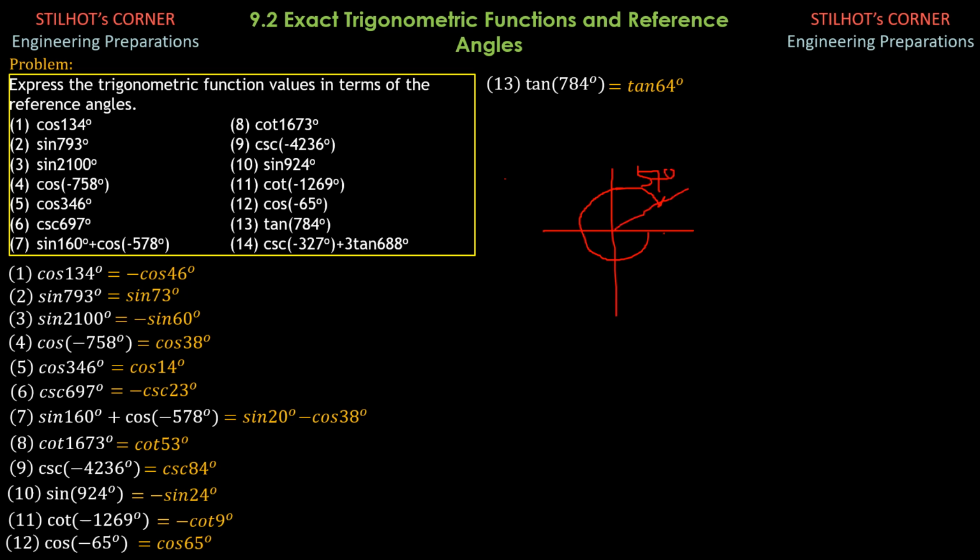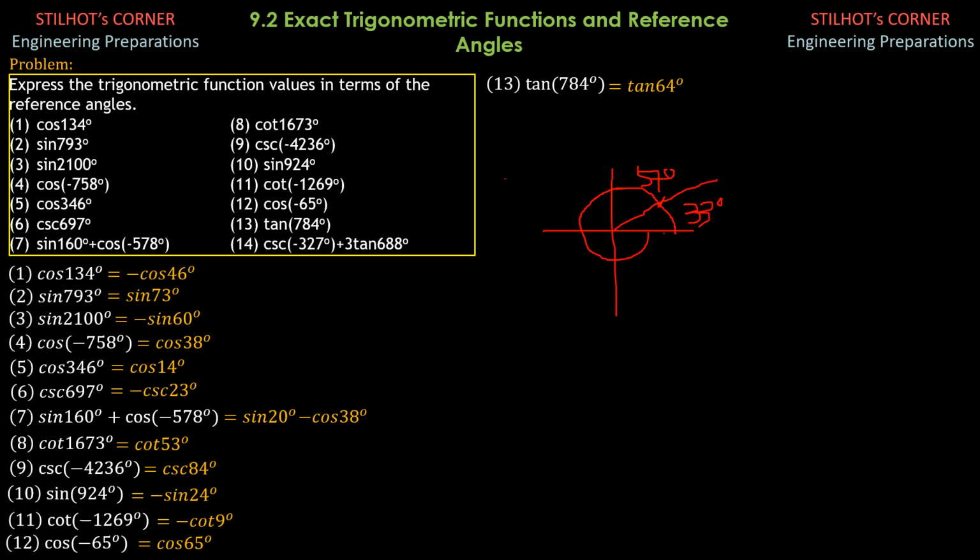So 90 minus 57 is 33 degrees. The reference angle is 33 degrees. Negative 327 is here. It falls in the first quadrant. Cosecant is positive in the first quadrant. So that is also cosecant of 33.